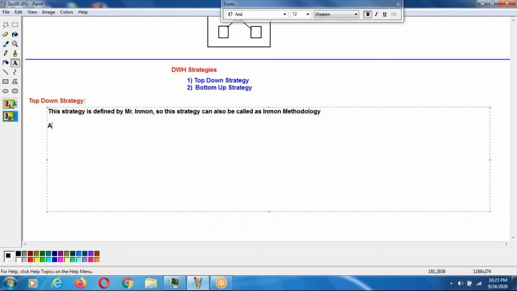So what he is saying is, as per Inmon's theory, the enterprise warehouse has to be created initially, and later individual subjects are derived from the enterprise warehouse.